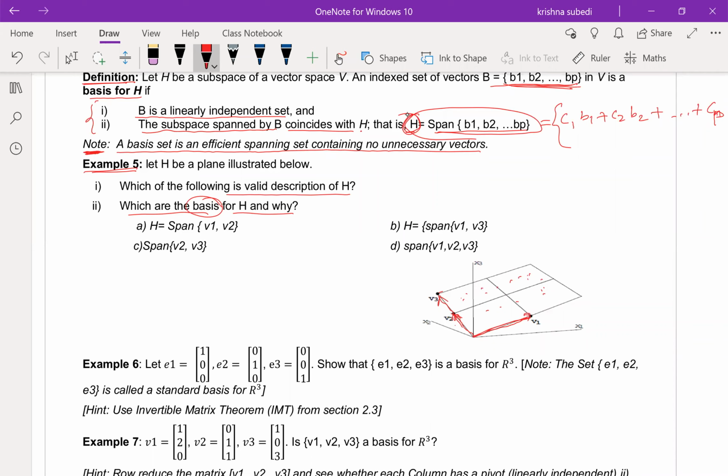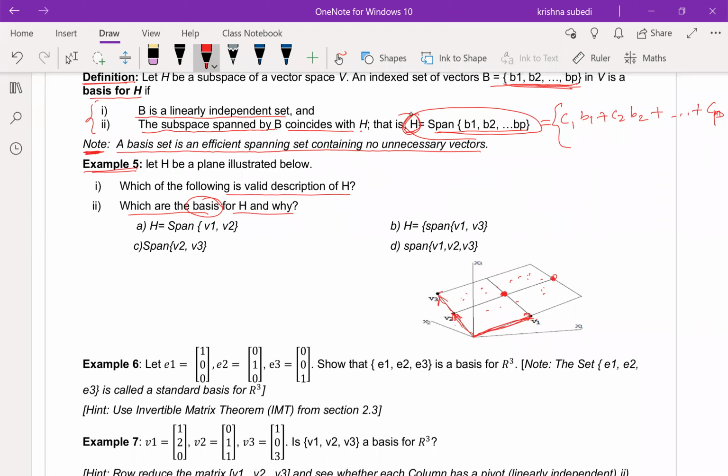Yes or no? Can I express this point just using v1 and v2? Can I ignore v3 at this point? Yes, okay, good. Because I can write that point as v1 plus v2.